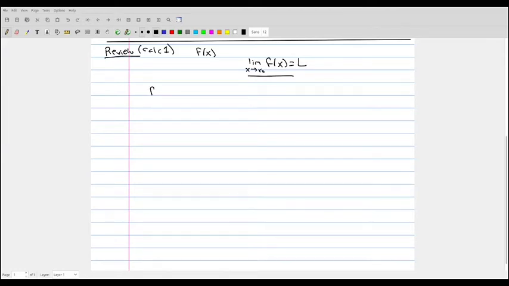If for any positive epsilon, we can find a positive delta such that if x is within delta of x naught, but not necessarily equal to x naught, then the distance between f of x and the value L, the limit of the function, remains less than epsilon.